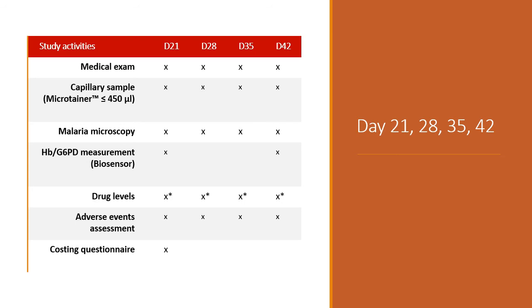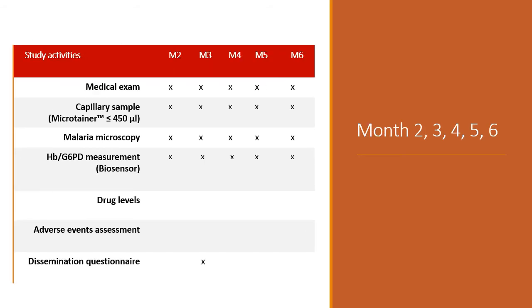An adverse events assessment up until day 42, and on day 21, a costing questionnaire. From month 2 to 6, all that needs to be completed is the medical exam, capillary sample, microscopy, and the hemoglobin G6PD measurement.